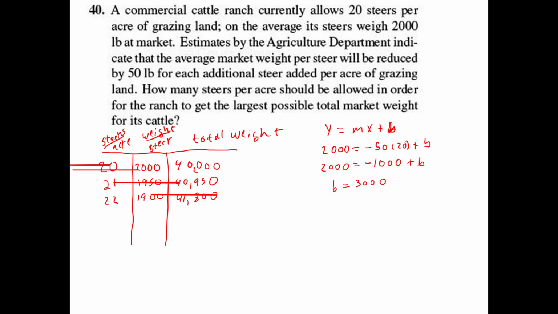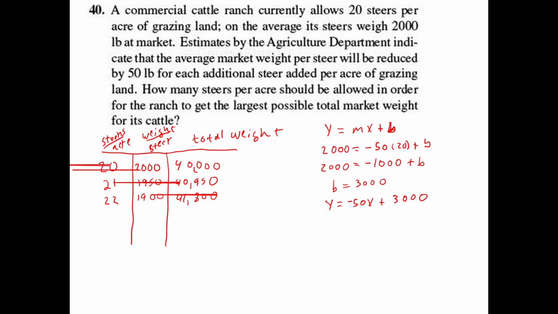And so then you get that your y, the weight per steer, is related to your x, how many steers, by this formula, negative 50 times x plus 3,000. So the negative 50 means you're going to drop 50 every time you add one steer. And you can see that if you put in the 20, you'll get the 2,000.